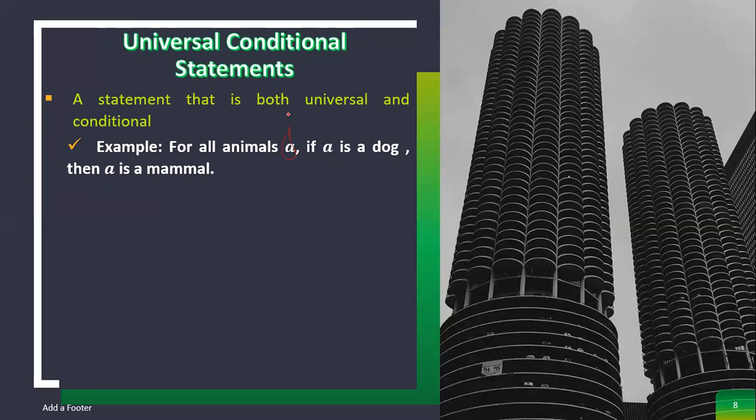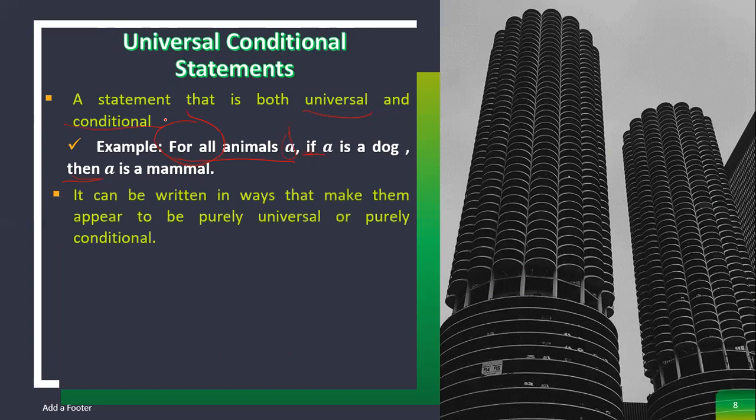If A is a dog, then A is a mammal. In this part, it makes use of the phrase for all, so therefore it is a universal statement. We also have if and then, so that is a conditional statement. That's why it is called a universal conditional statement.